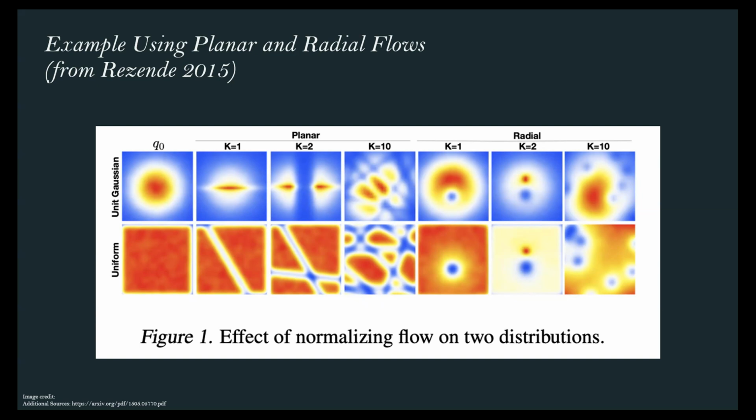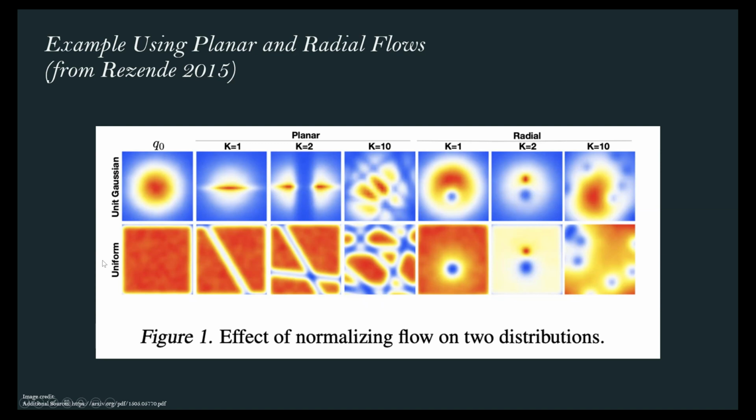So you can look at the top and say, we started with a unit Gaussian. So this is our starting distribution. You can see after just applying one planar flow, okay, after applying two, and then after applying this whole sequence of 10 of them, you can actually get something relatively complex. And likewise, for this radial flow, you can see it can do something very similar. You apply one, and you get a little bit of a change. You apply another, you get more of a change, and so forth.